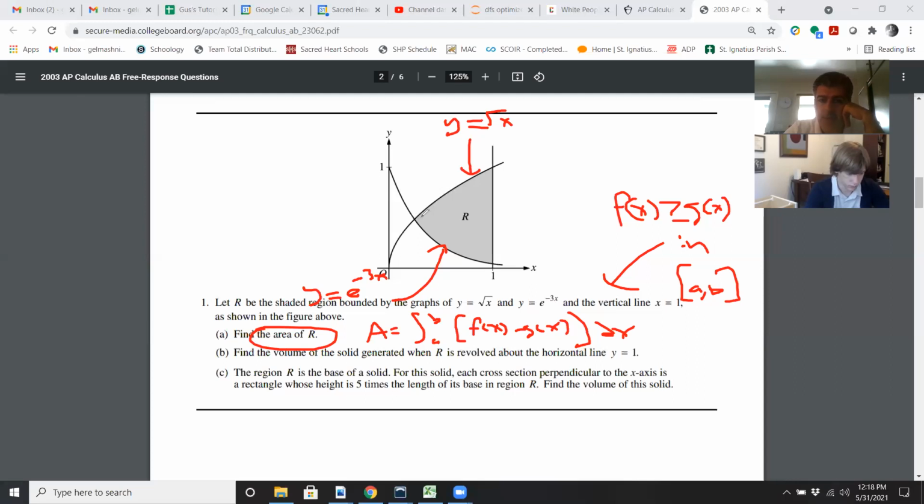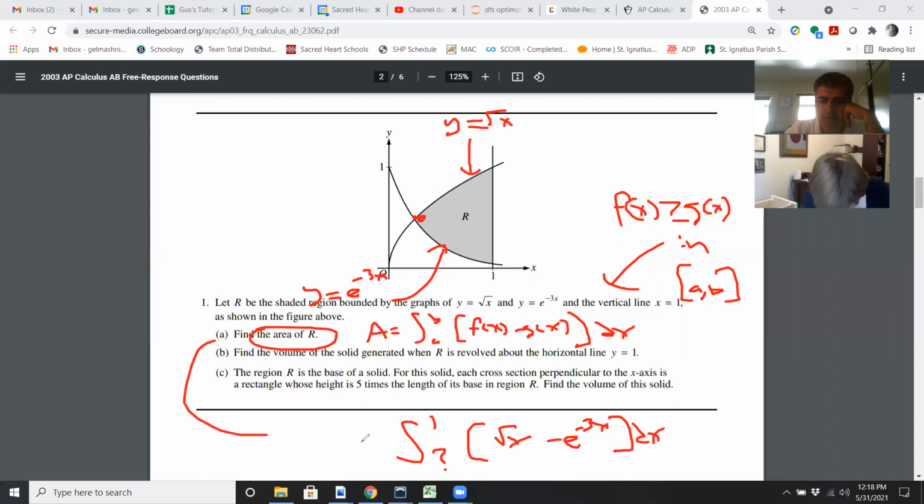You will need to find this point of intersection, however. I know the upper limit is going to be 1. You've got to figure out the lower limit. And of course, you have root x minus e to negative 3x dx. So for part A, you do need to find the point of intersection.